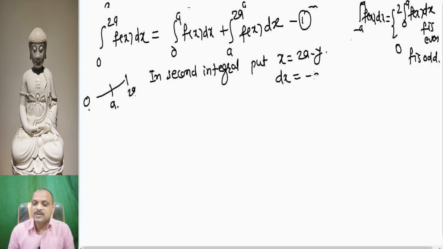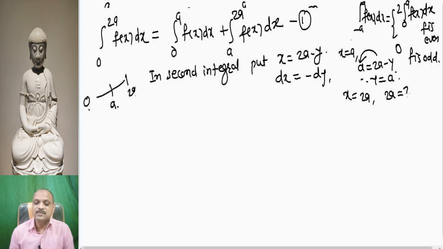When x is equal to a, a equals 2a minus y, this 2a will come to the other side, we get minus a equals minus y, and then y is equal to a. When x is equal to 2a, 2a equals 2a minus y, we get y equal to 0.